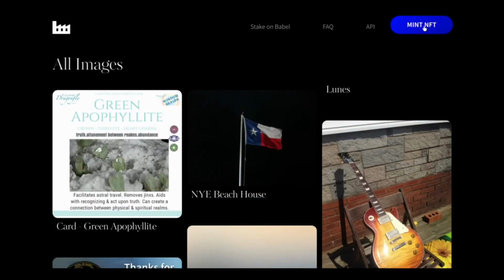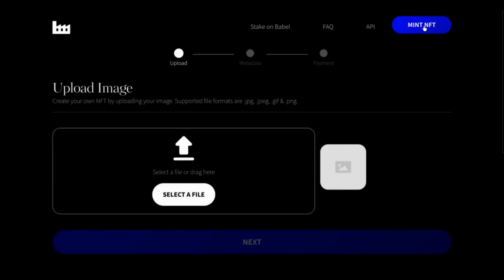Pretty simple interface. You drop a file, JPEGs, GIFs, or PNGs, in here, and then you lay out a few data points: the name, who the creator is.